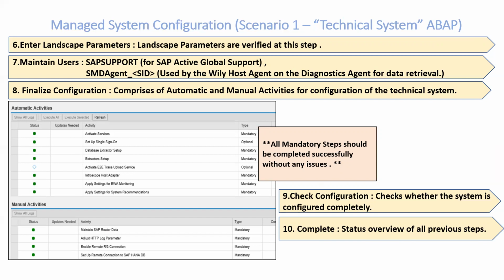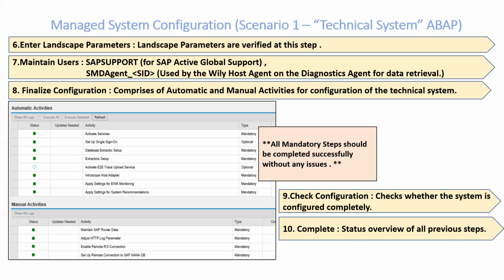E2E trace upload service is an optional step and enables recording of E2E trace. Introscope host adapter step sets up Wily host adapter on the diagnostic agent to collect performance metrics from the host. Settings required for EWA and system recommendation services are also activated.